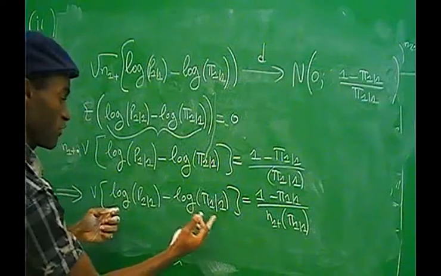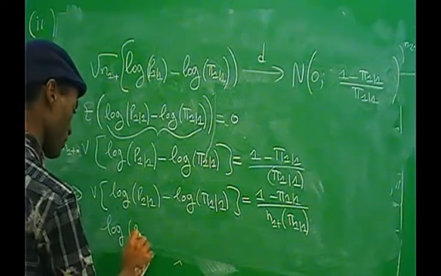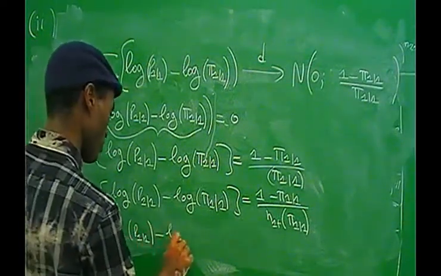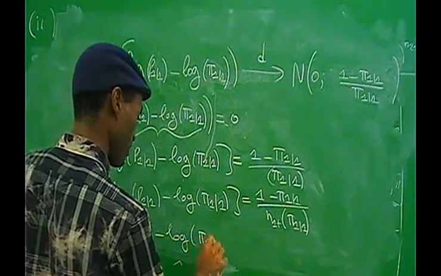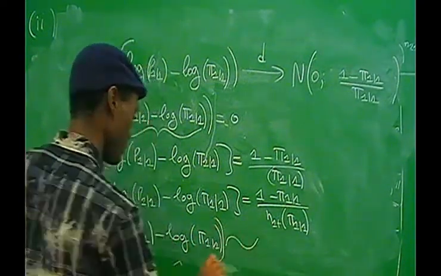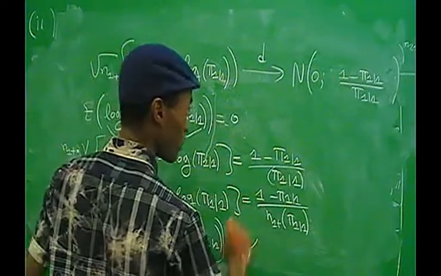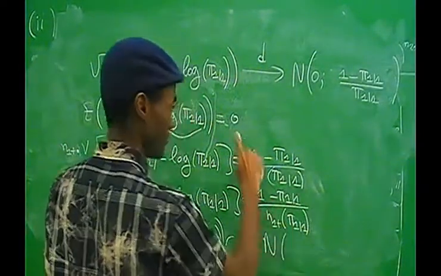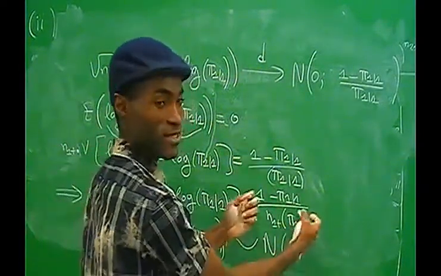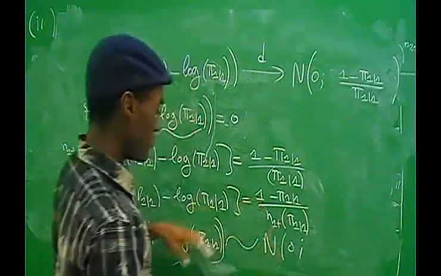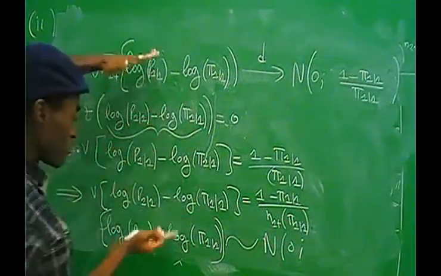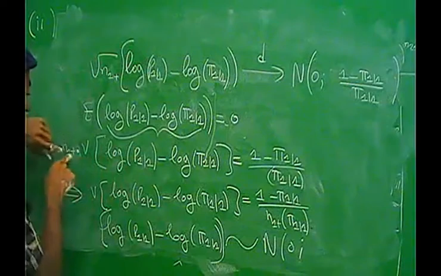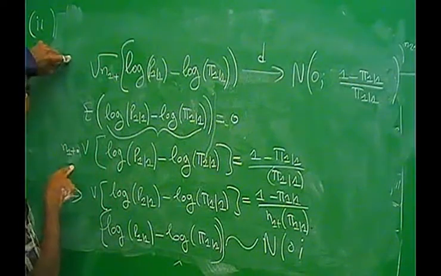What is the distribution of this? Log this minus log this follows a normal distribution with a 0 mean, so a converging distribution to N(0, ...), but the variance is going to be this. That's where this comes from. And if you do the same thing for the other one, and you subtract them, now we can subtract because we don't have n_1 plus and n_2 plus to bother us.